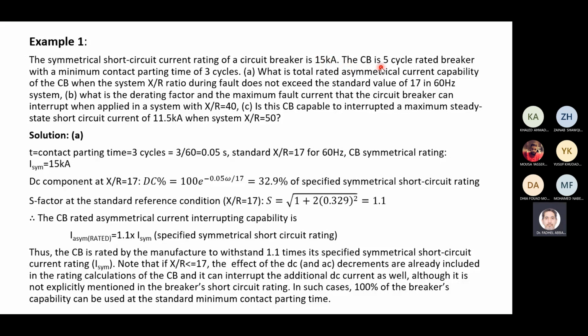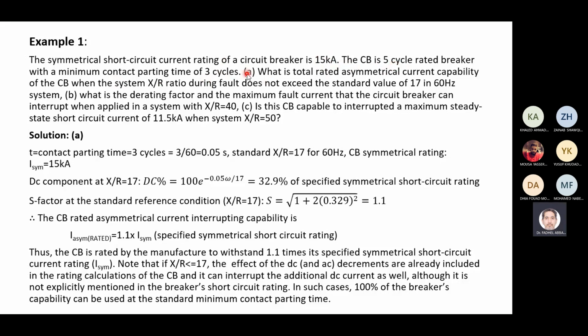Now the circuit breaker is a 5 cycle rated breaker with a minimum contact parting time of 3 cycles. So this is the time for the circuit breaker to open its contacts physically. It's not the time including the arcing time. Including arcing time is 5 cycles.